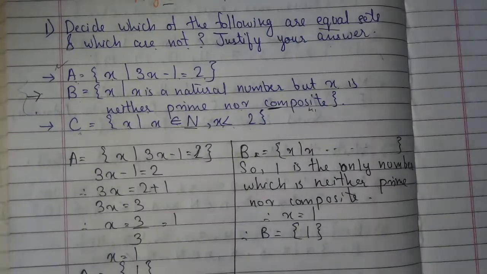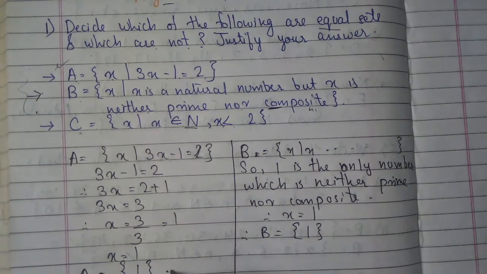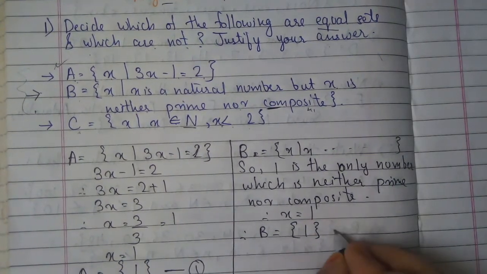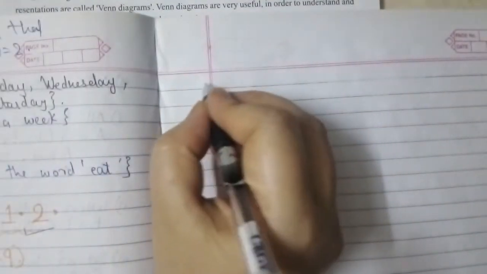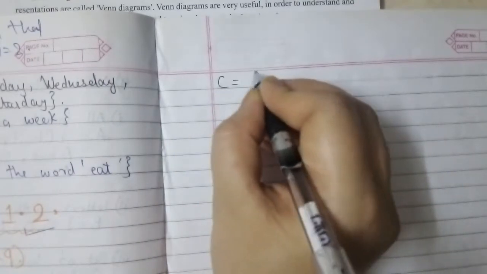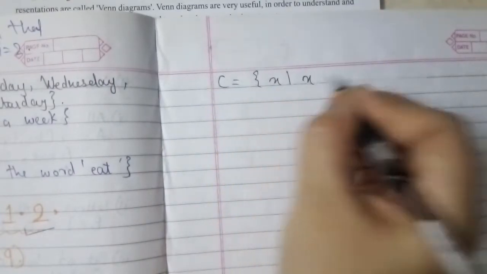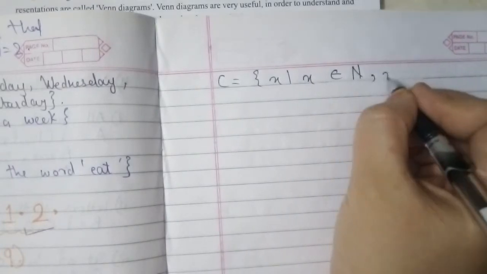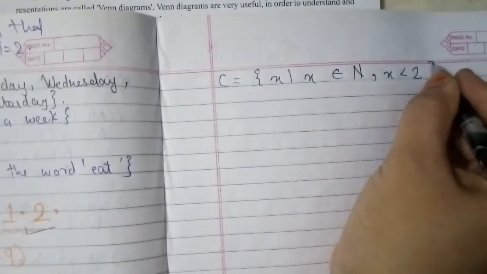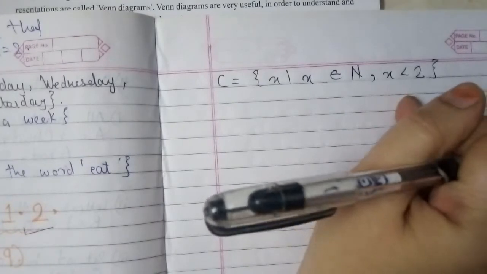So suppose set A is our equation number 1 and set B is equation number 2. Now let's solve set C. What is set C? x is an element of natural numbers which is less than 2. What is the natural number which is less than 2?